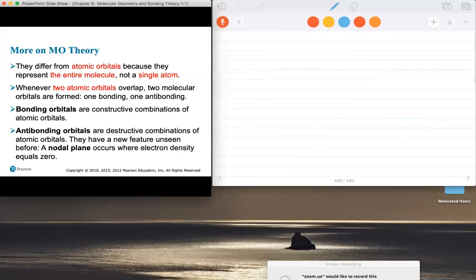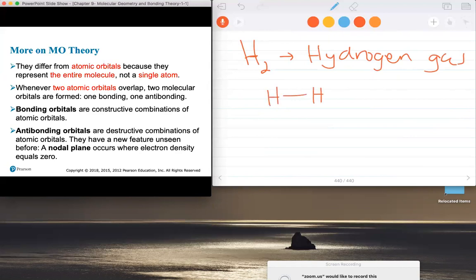This is hydrogen gas, and in chapter 8, this is how you represented it, with a single line.